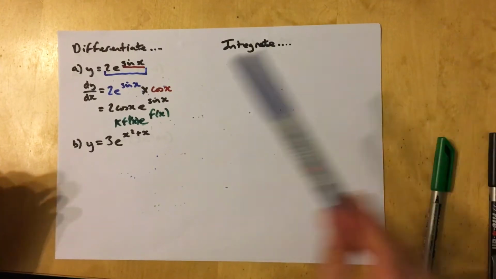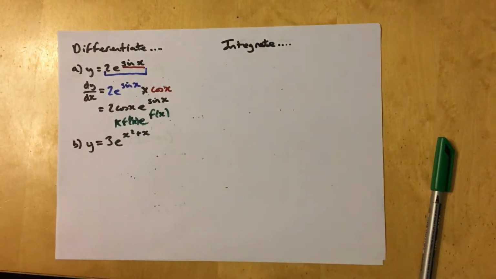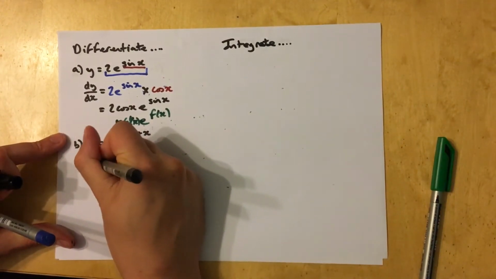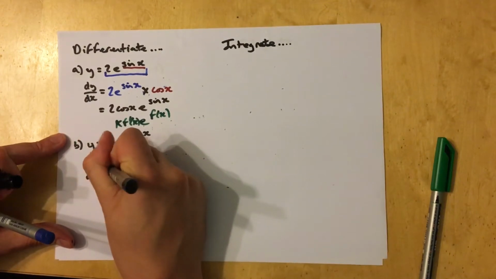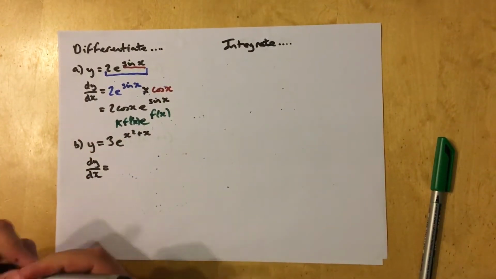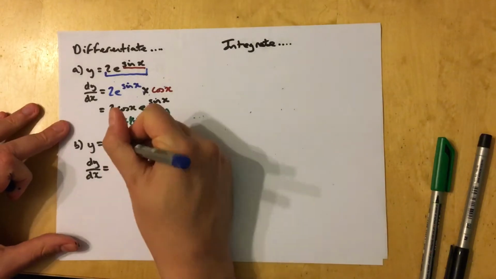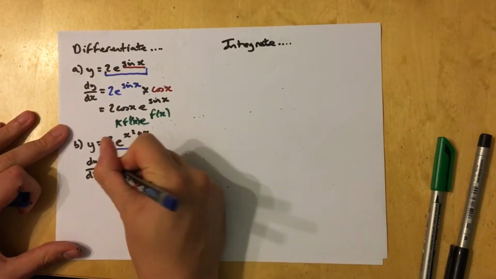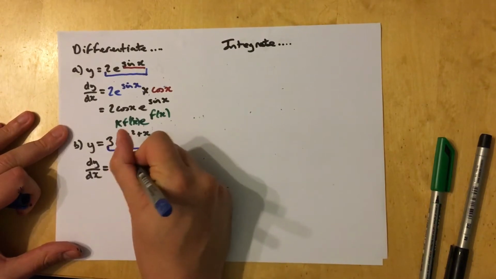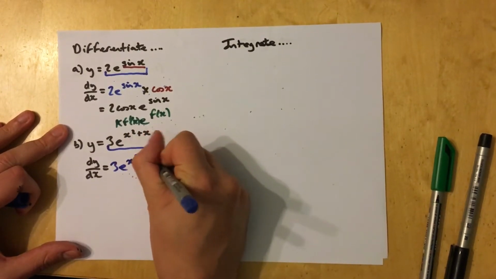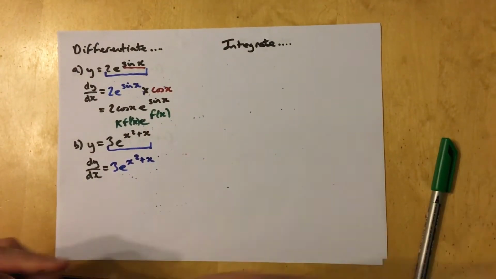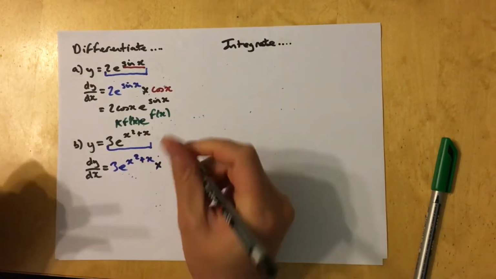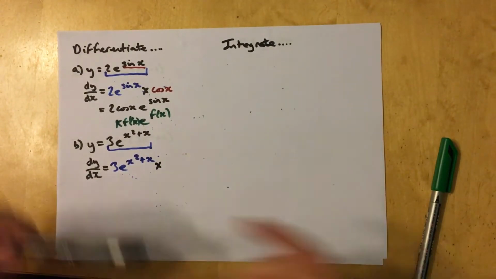So if we start differentiating this one, we've got dy dx. Then my big function is 3 lots of e to the power of something. When we differentiate that, we're left with 3 lots of e to the power of something. We then need to multiply that, because of the chain rule, by the derivative of my inner function.